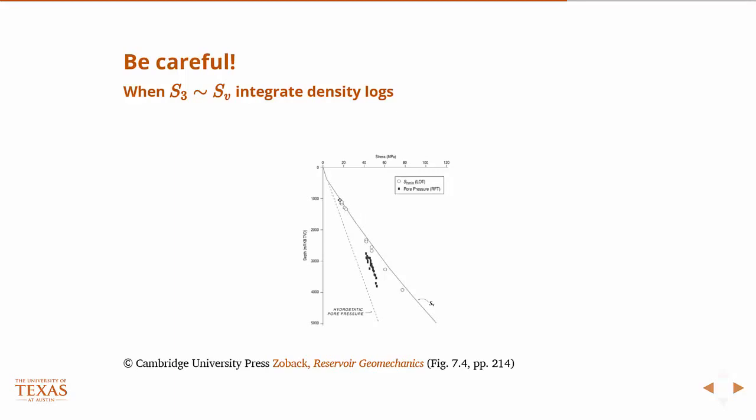So if you look up here in this region, they're not wildly scattered. They're pretty consistent, and so you can have some confidence that these are a pretty real evaluation of the minimum principal stress, and they're very, very close to the vertical stress as measured from the actual density log. So not just 1 psi per foot or just a guess, right?